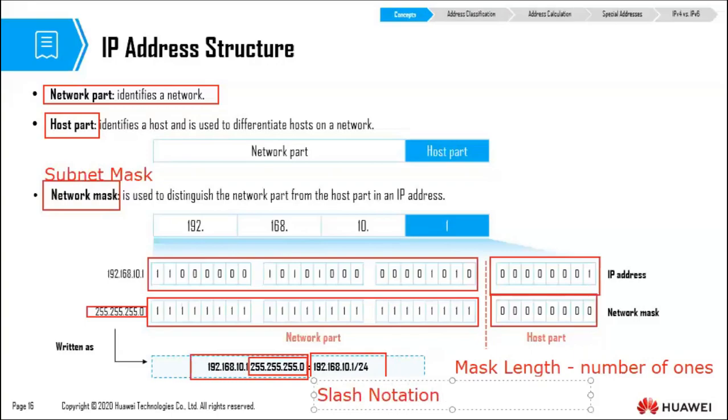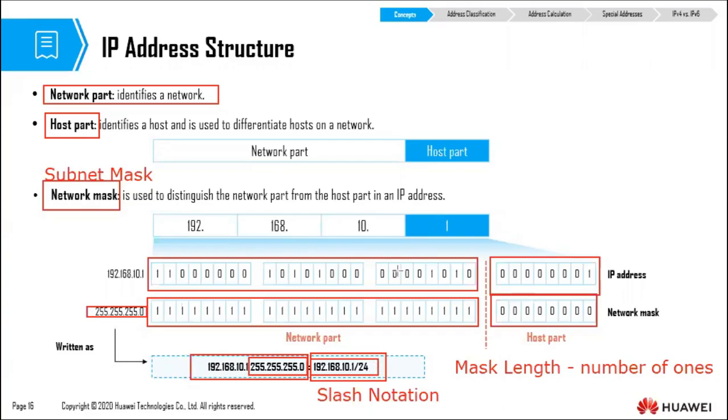So we can also write what some people call the slash notation. We can write an IP address using the slash notation. We write the IP address, then we write a slash, then we write the number of ones of the subnet mask or network mask. Is that clear?